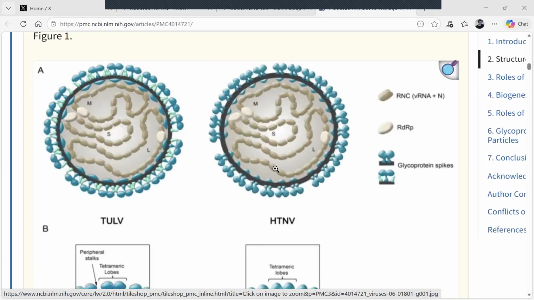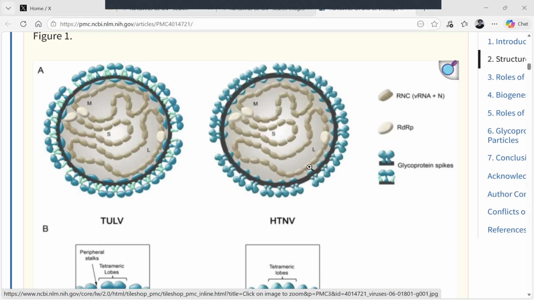And like I said in the previous episode, you have these negatively sensed RNA that has three segments, three individual strands, I should say. And they are defined as the long, the medium, and the short.